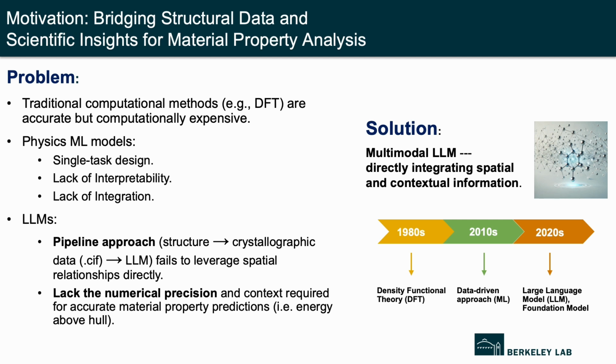Even though the first conversion step from structure to crystallographic data is reciprocal and lossless, the second step, when we tokenize everything into the LLM, often fails to leverage the spatial relationships in the structure directly. And another thing is that LLMs commonly lack numerical precision, which limits them for some highly quantitative tasks.